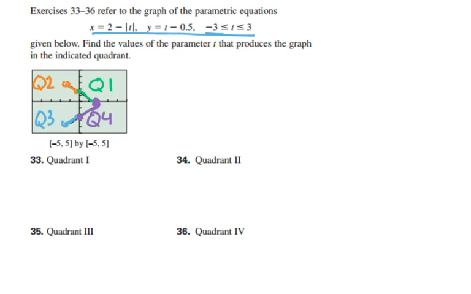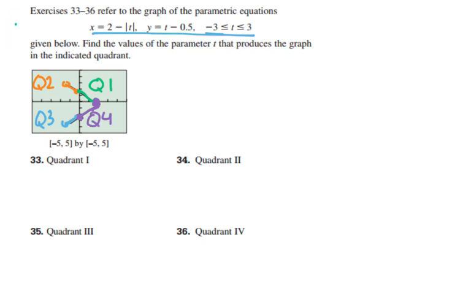So let's go ahead and put this into our calculator, into the y equals. So I'm going to have x equals 2 minus the absolute value, which can be found under the math key and over to the column of NUM, which is number. And then there's this ABS and a parenthesis.